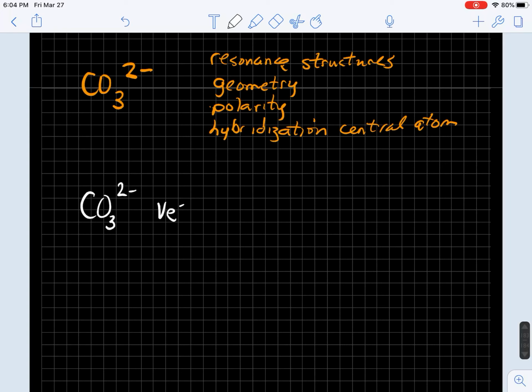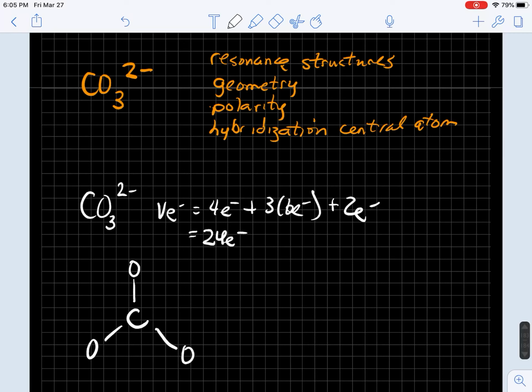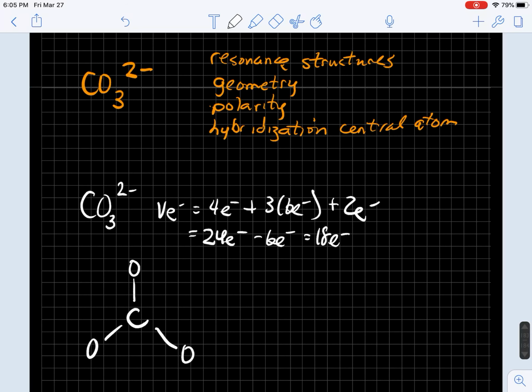Carbonate, going to do the same process. Start out with my valence electrons. Group 14 plus 3 times group 16 plus 2 electrons for the negative charge. So that gives me 24 electrons to work with. I'm going to put the electropositive element as the central, and I'm going to connect the 3 oxygens. That's going to use up 6 of my electrons. Now, that only leaves me with 18, but I need 18 just to complete the octets on the 3 oxygens, and then I would need 2 more.